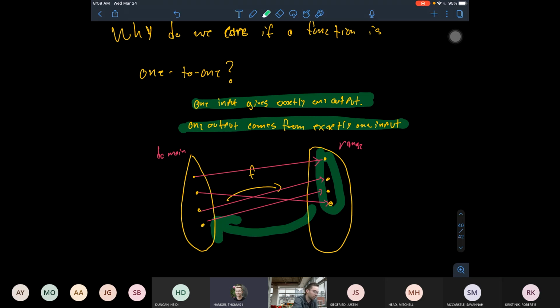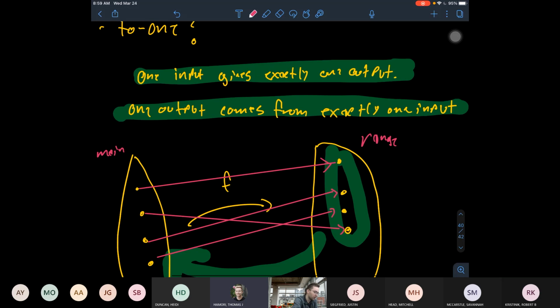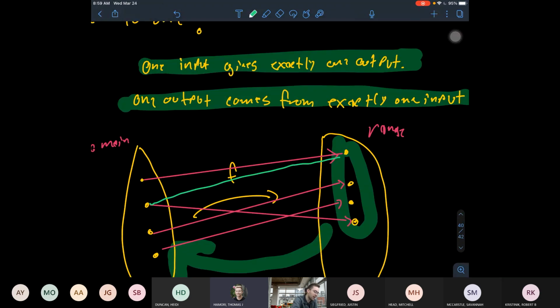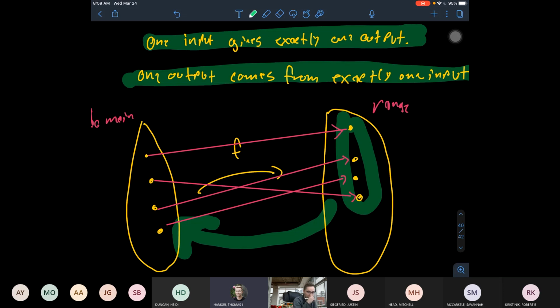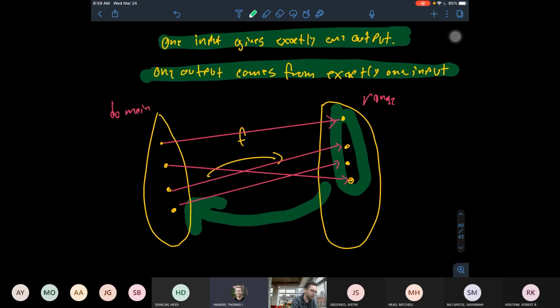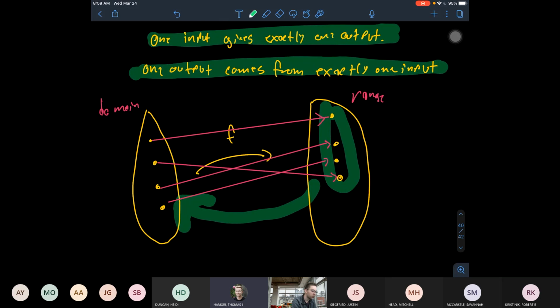And we don't have a situation where we have two inputs going to the same output. That's what we said we don't have. So we can trace back from where we end up to where we started in a kind of nice way.